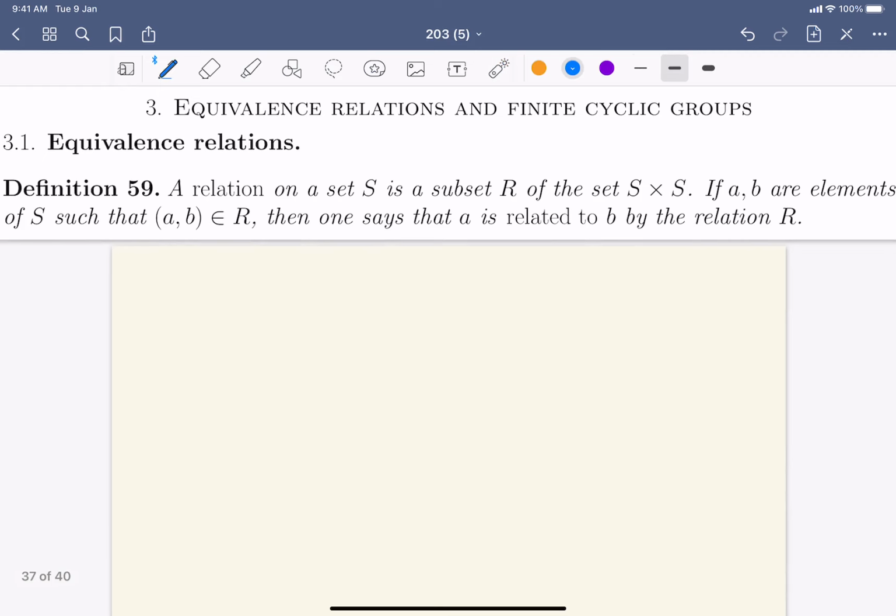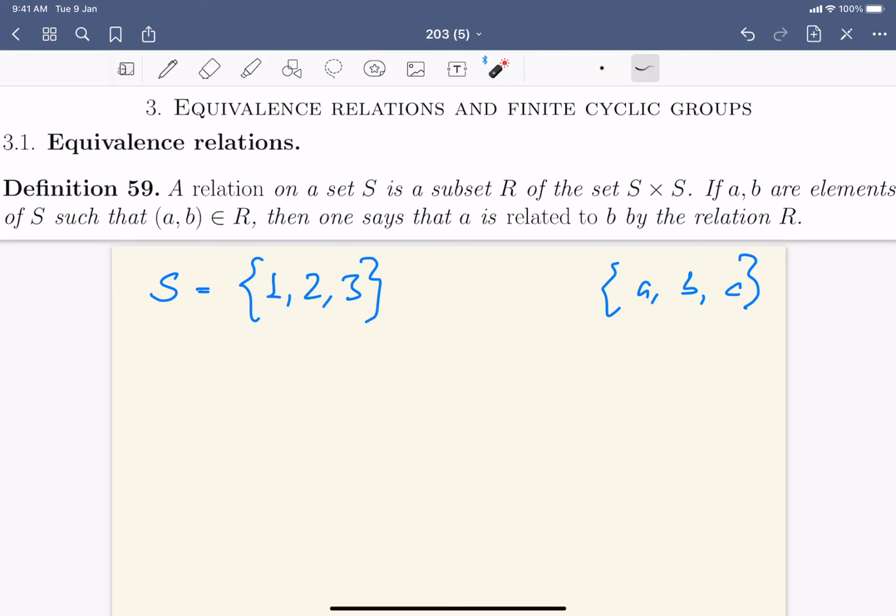You have to first start with a set S. Let's start with a very easy set. Let's take S equal to {1, 2, 3}. If you don't like this set, you can also consider the set {A, B, C}.